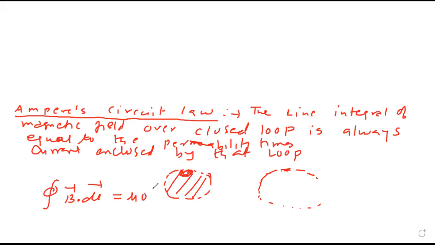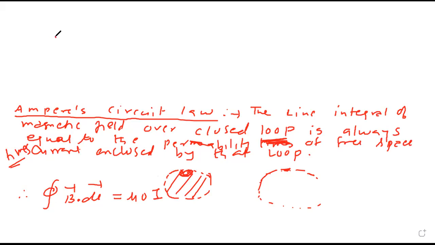So it is mu naught times I. Therefore, the line integral of B bar dot dl bar is mu naught I.